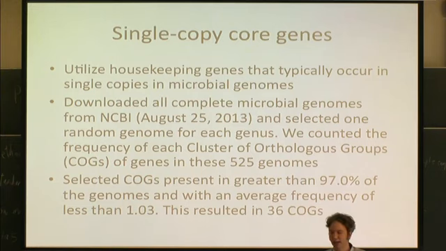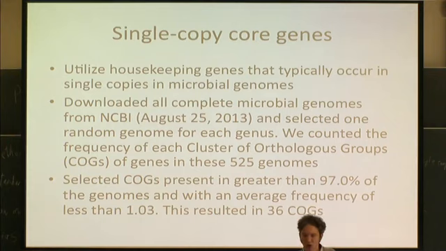A COG is a cluster of orthologous genes, but it's basically just a coherent labeling for genes so that you can compare the gene in one genome to another. And we identified that there were 29 COGs, which are almost always found with just a single copy in each genome, and are found in every genome.